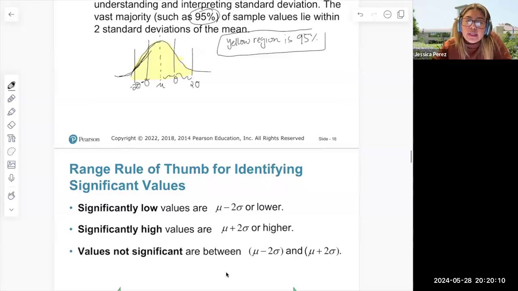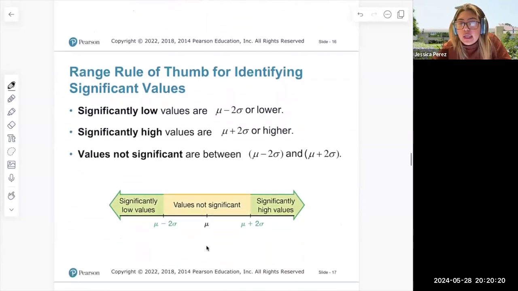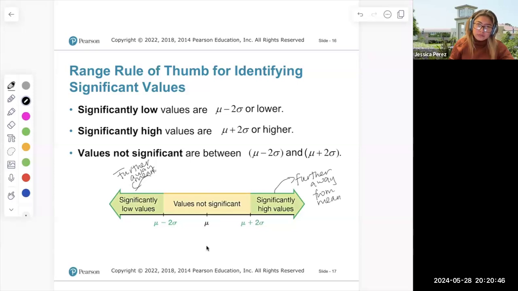So significant values are the outliers: are you significantly low, are you significantly high, or not significant, closer to your mean? These are further away than the mean, and they have meaning because they have more variation. We talked about that. The more standard deviation it has, the more variation. So further away from the mean. That's what this means. Cool.